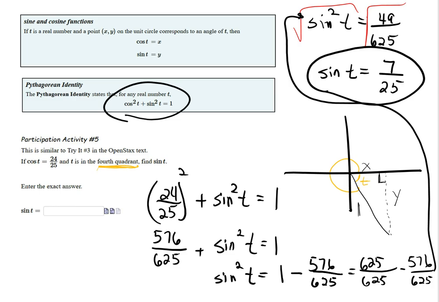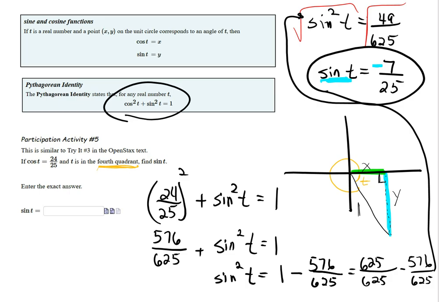Okay, we're in quadrant 4. When you're in quadrant 4, x is positive, but y is negative. Remember that sine is opposite over hypotenuse, so since y would be my opposite, that would have to be a negative.